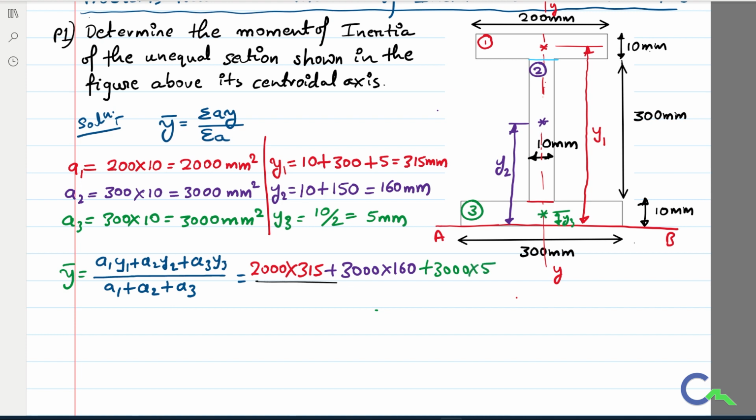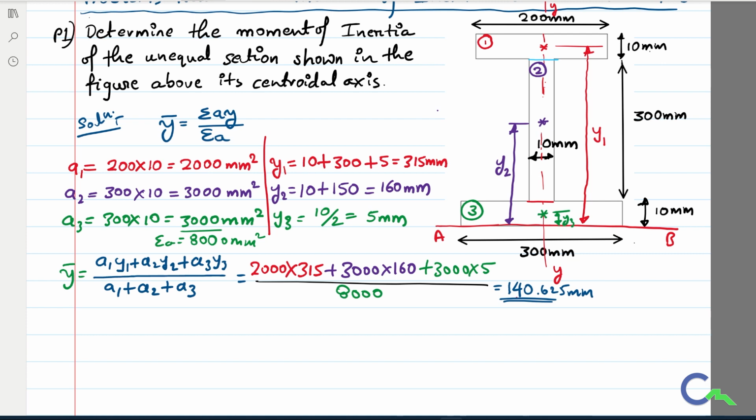The entire value is divided by the total area, sigma A, that is nothing but 8000 mm square. So if you do the calculation, I'm going to get 140.625 millimeter.